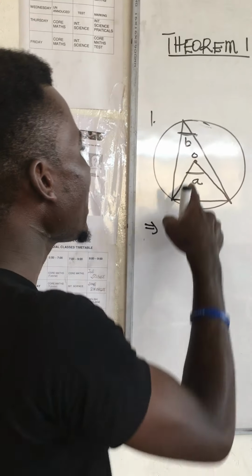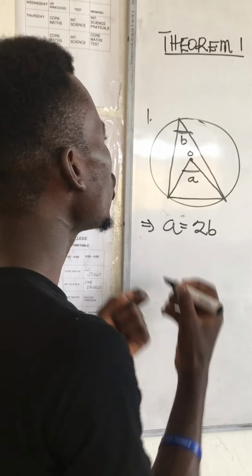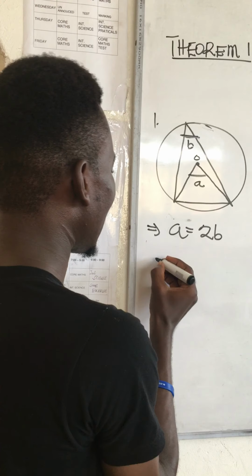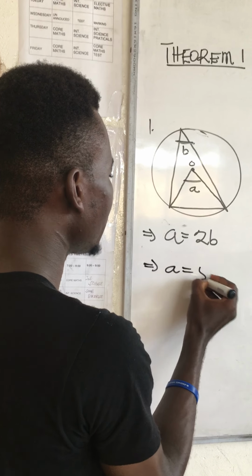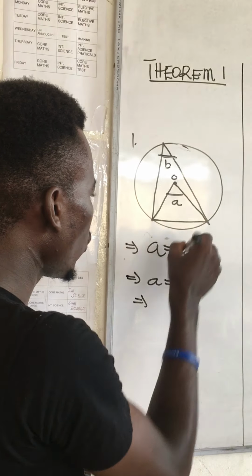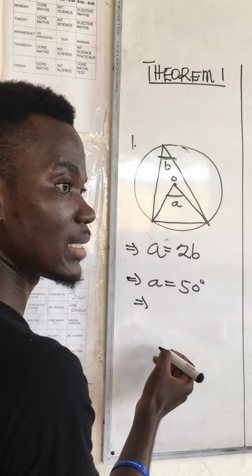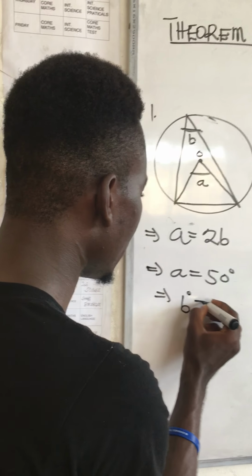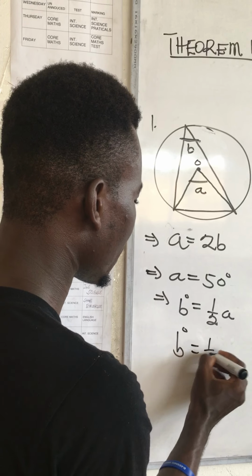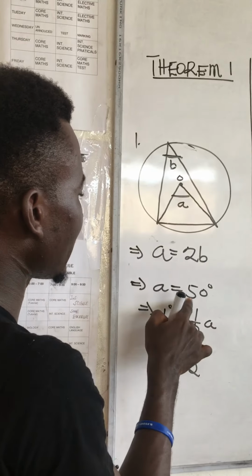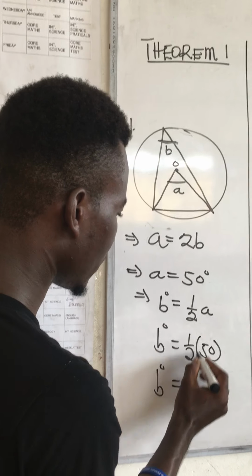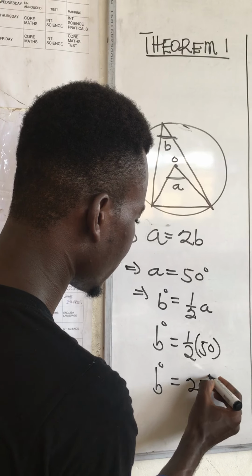Why are we saying that? If the mother is 50, you don't expect the son to also be 50. So if I know the mother, if A equals 50 degrees, then what will be B? B will be half of A. So B degrees will be equal to half A. A is 50, so half of A is 25 degrees.